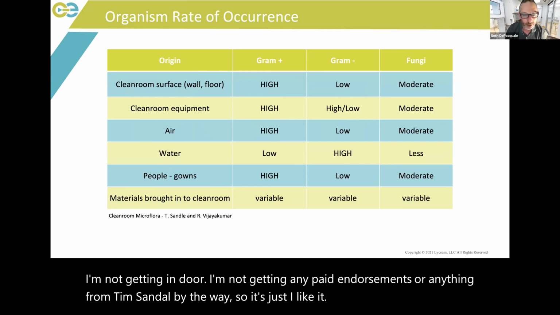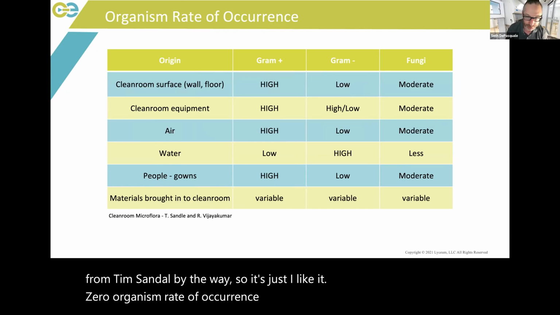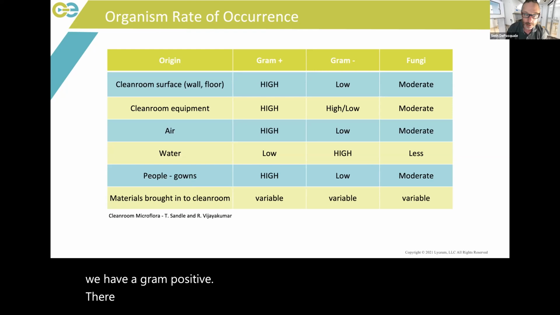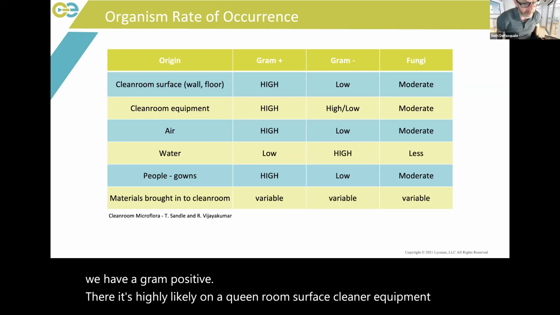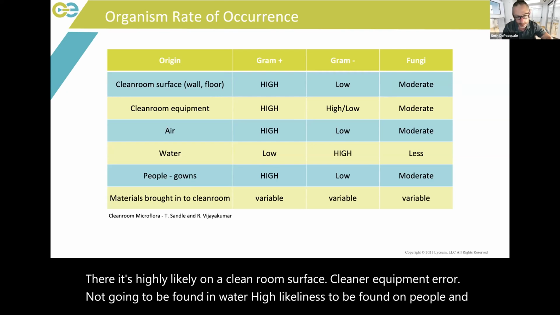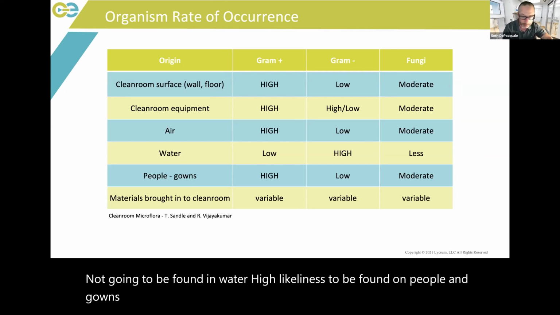So organism rate of occurrence. This chart is really showing us that if we have a gram positive, it's highly likely on a clean room surface, clean room equipment, air, not going to be found in water, high likeliness to be found on people and in gowns, and materials brought into the clean room, maybe not.